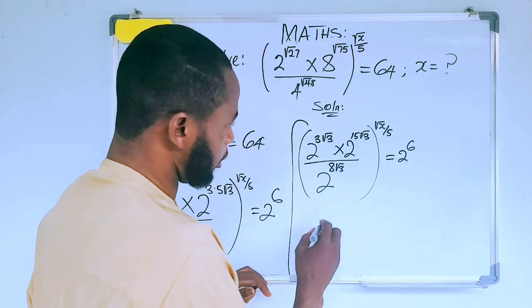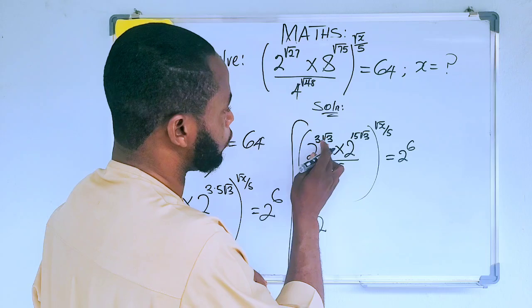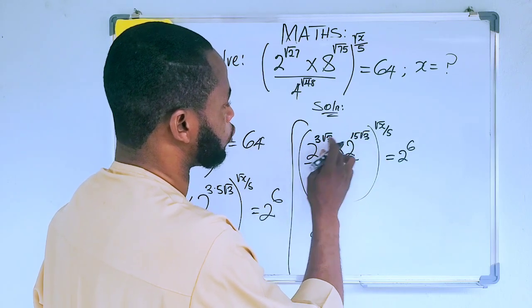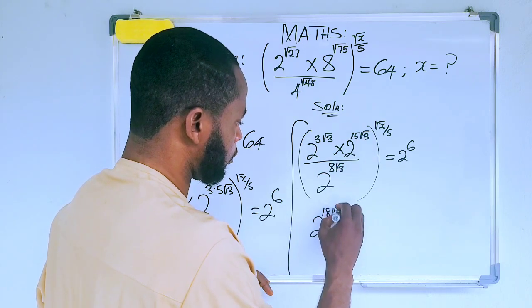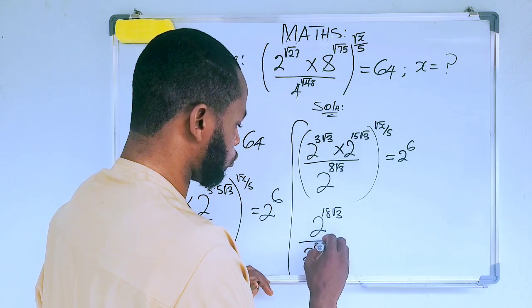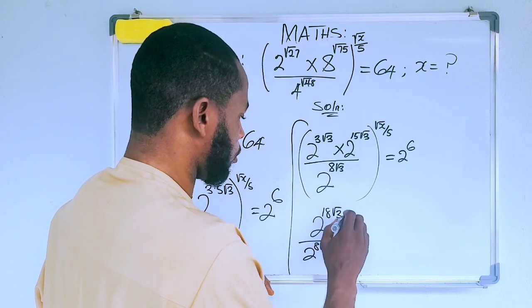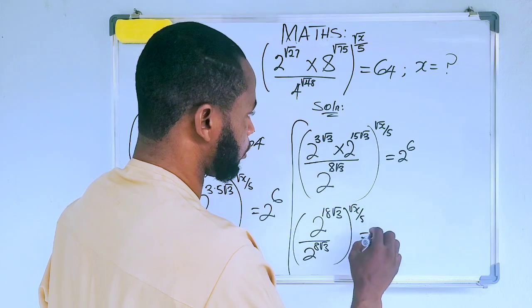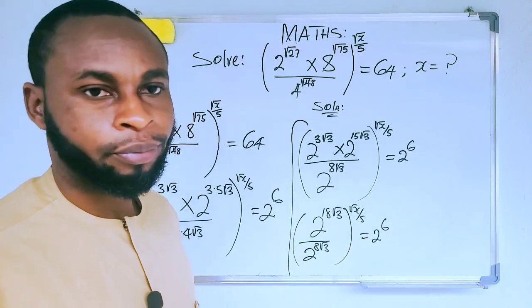In the numerator, we pick one of the bases, then we add up the powers: 3 root 3 plus 15 root 3 gives us 18 root 3, divided by 2 to the power of 8 root 3, all raised to the power of root x divided by 5, equals 2 to the power of 6.